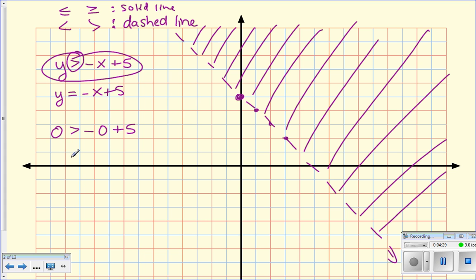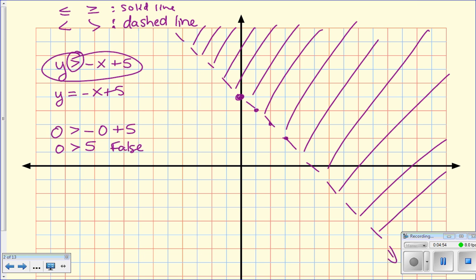Negative 0 is just 0, so this says 0 is greater than 5. Hopefully you're like, that doesn't make any sense. 0 is not greater than 5. Because this is false, we don't want to shade on the side of 0, 0. We want to shade on the other side. So if it's false, do not shade on the side where 0, 0 is, shade on the other side.